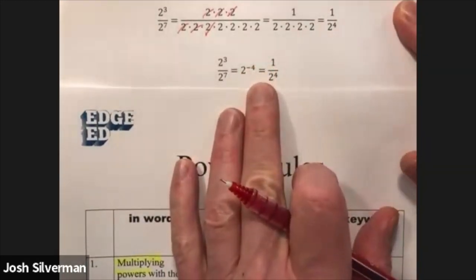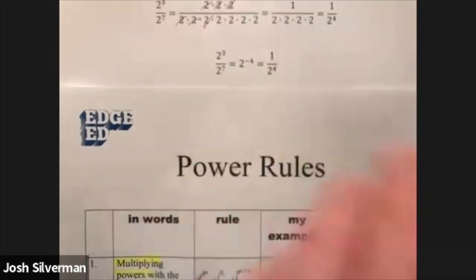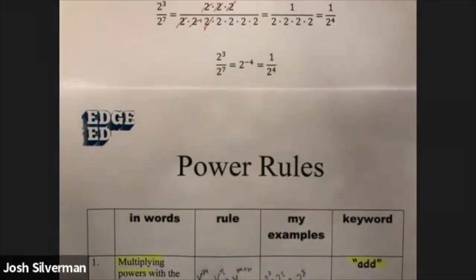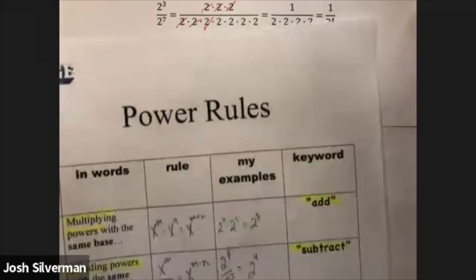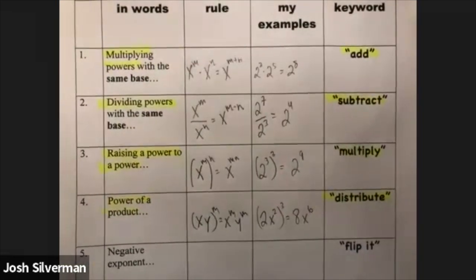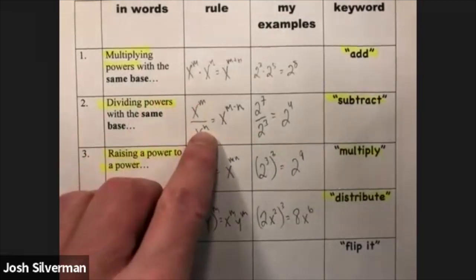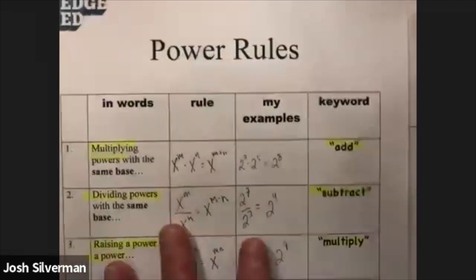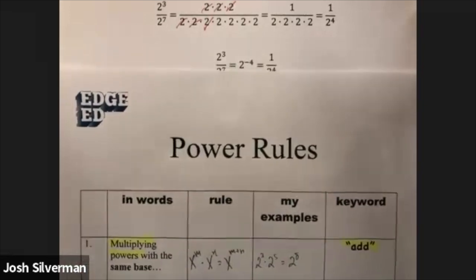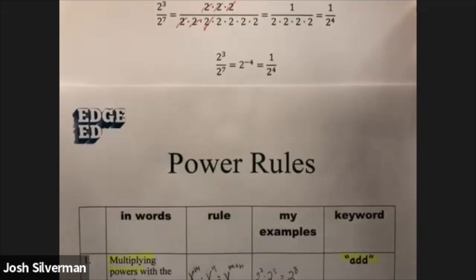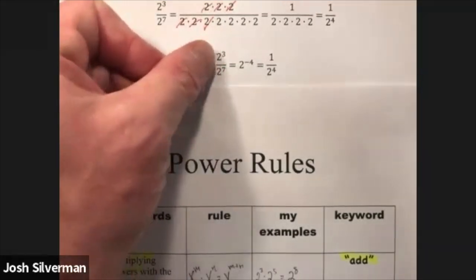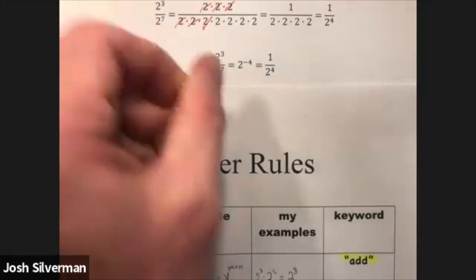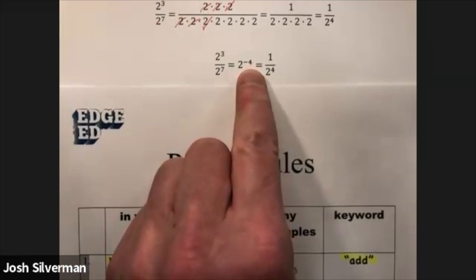All right, stay with me now. Now let's go back to the rule that we had a minute ago, and this will start to make some sense. The rule that we had for dividing powers with the same base is you subtract the exponents, top minus bottom. Well, if we had 2 to the third divided by 2 to the seventh, then we're doing 3 minus 7, and that gives us a negative 4.